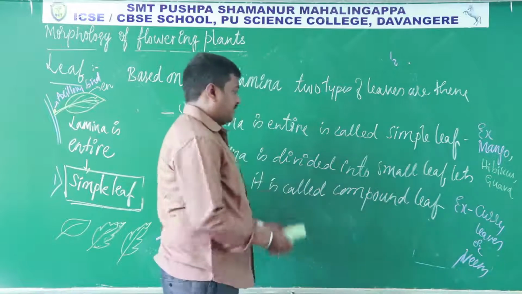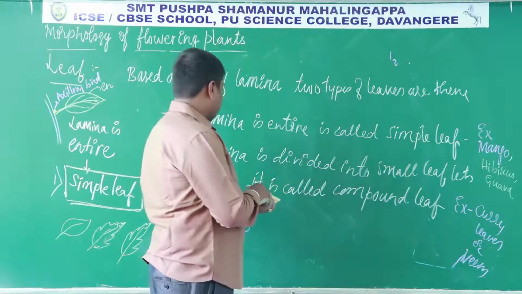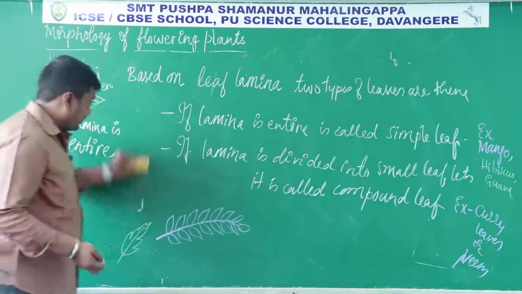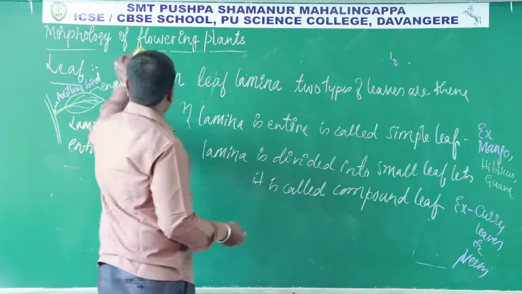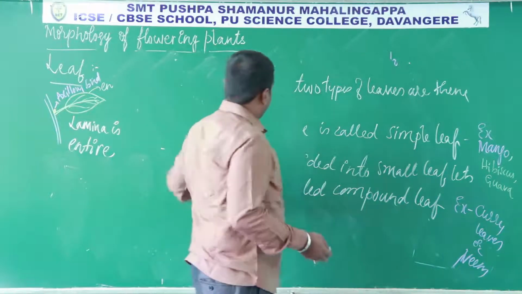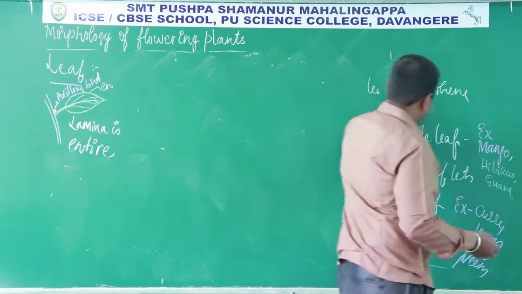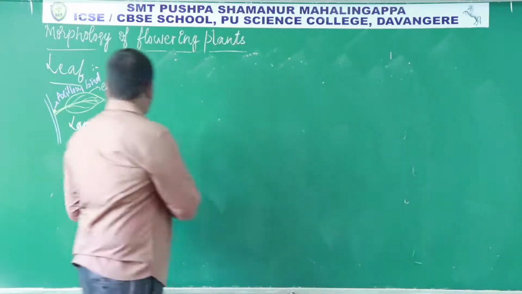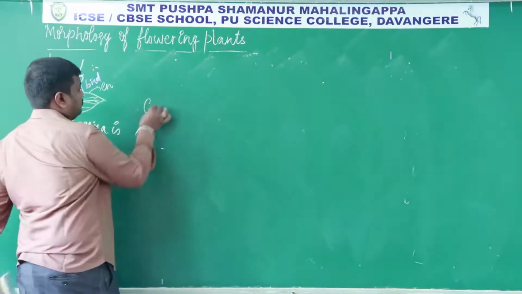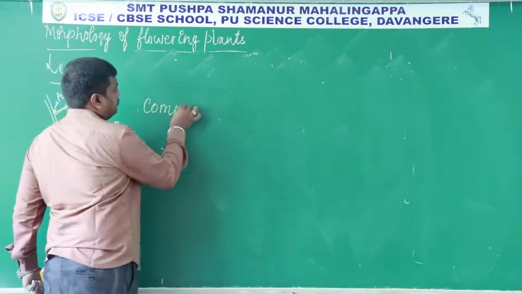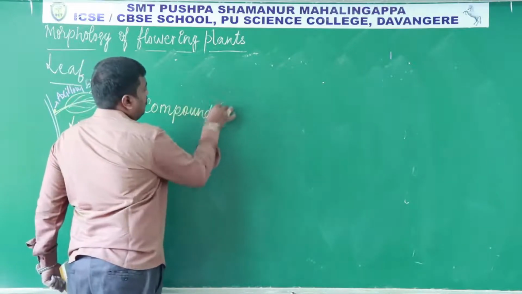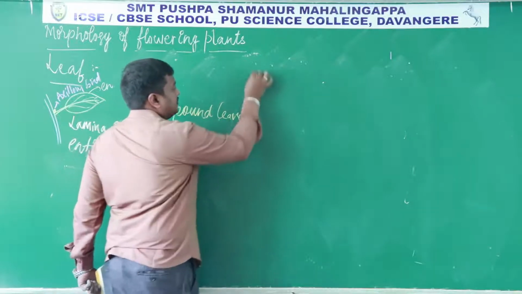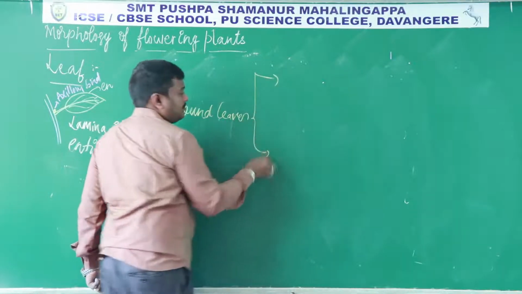And in compound leaf again we can have subtypes. In simple leaf all are like simple leaves, but compound leaves have types again. Compound leaves can be categorized into two types.